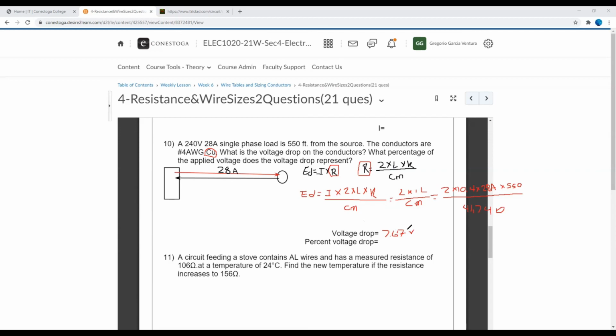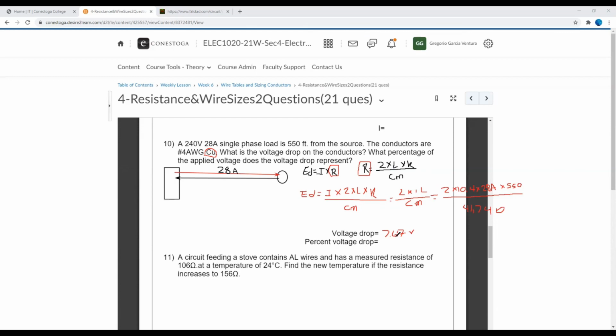Now that I have my 7.67 volts and I want to know my percentage, because the maximum allowable percentage of voltage drop on any branch circuit as per section 8 in the code book, remember what percentage? 3. 3% max. Perfect.